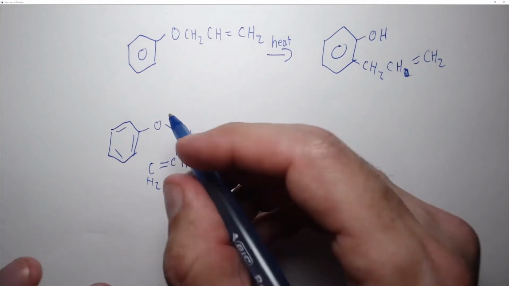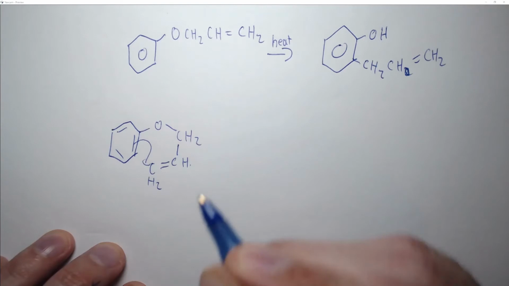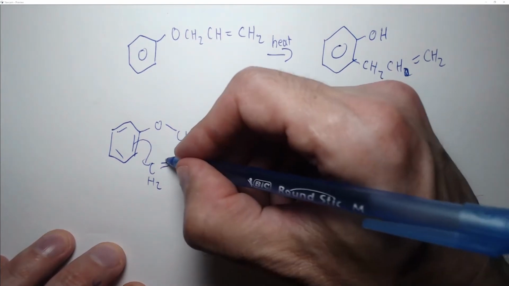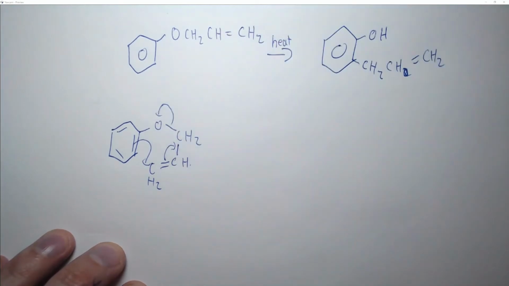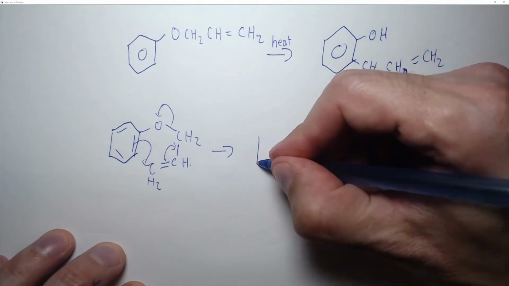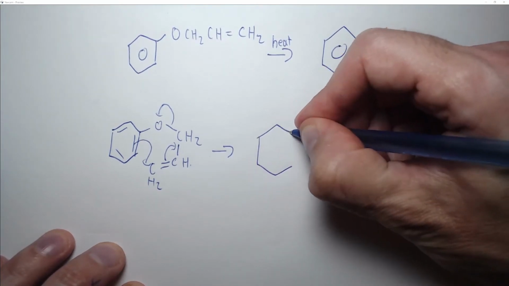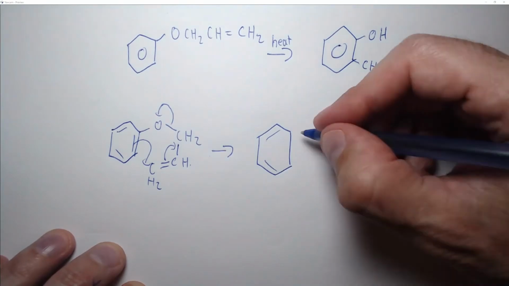So what's going to happen is these electrons are going to go here and form a new bond. These electrons shift here, and these electrons shift up onto oxygen in this rearrangement. And what we end up with is this. These two double bonds go along for the ride.